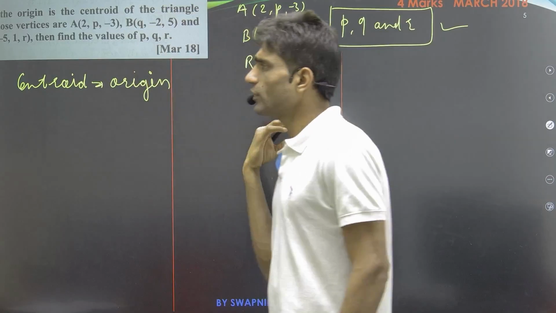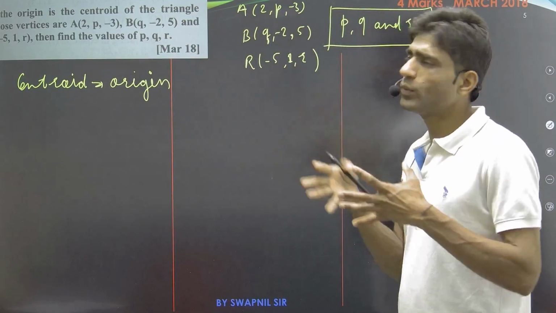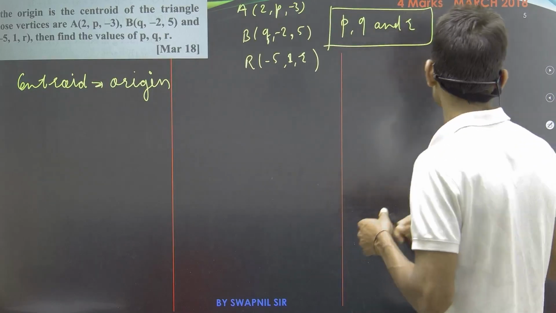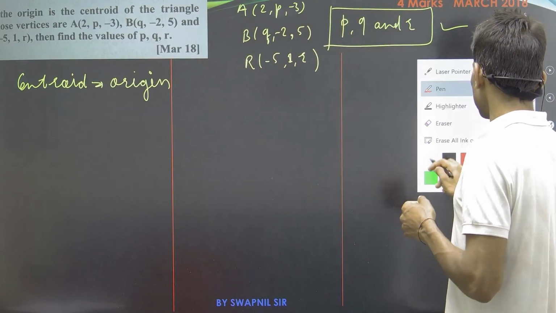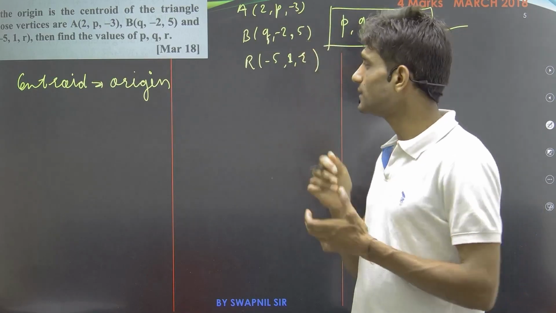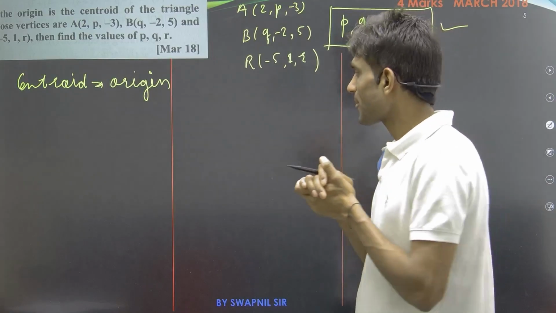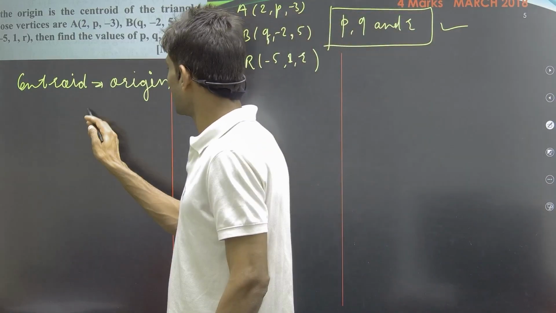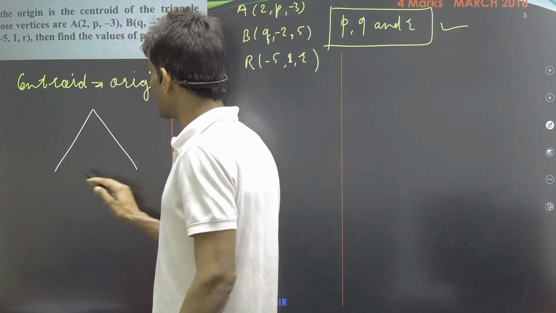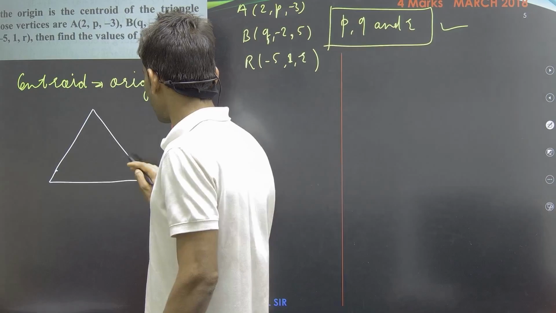Now let me plot the figure where the centroid is at the origin, because first of all we have to understand the visualization of our given data. Once you understand that visualization, the subsequent part is completely easier. So here is the triangle.